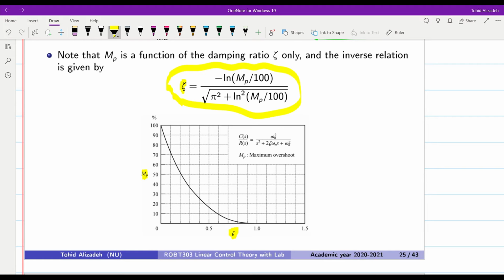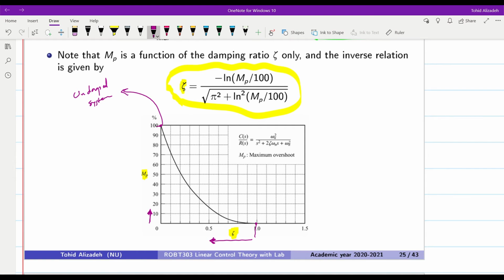By looking at this, you can see that as the value of zeta decreases, as zeta goes from 1 towards 0, the value of MP, the overshoot, increases from 0% towards 100% at the limit. So when zeta is equal to 0, the overshoot will be equal to 100%, and that's what we have for the undamped systems. So over here we have the undamped system.